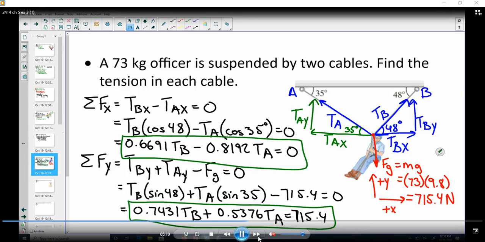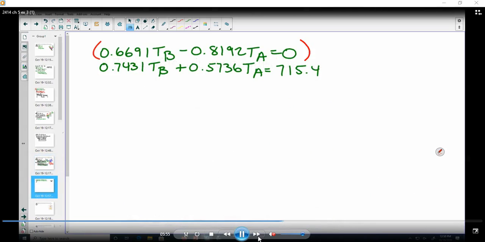Now we can take those two equations, set up a system, solve for one, and then substitute to solve for the other. We can use elimination to eliminate TA, multiplying the top equation by 0.5736 and the bottom equation by 0.8192.